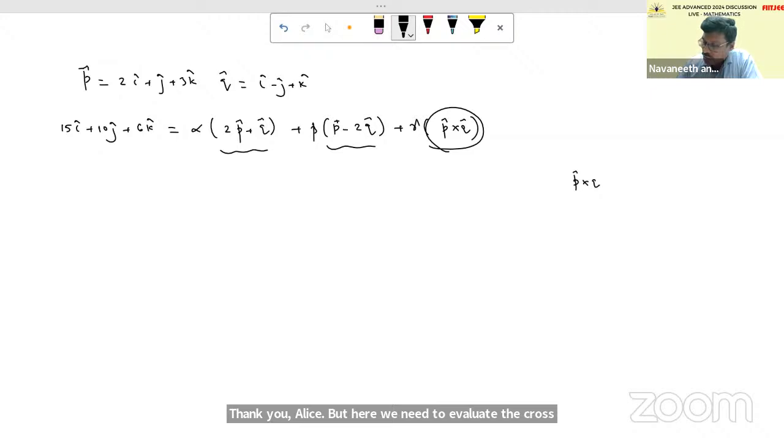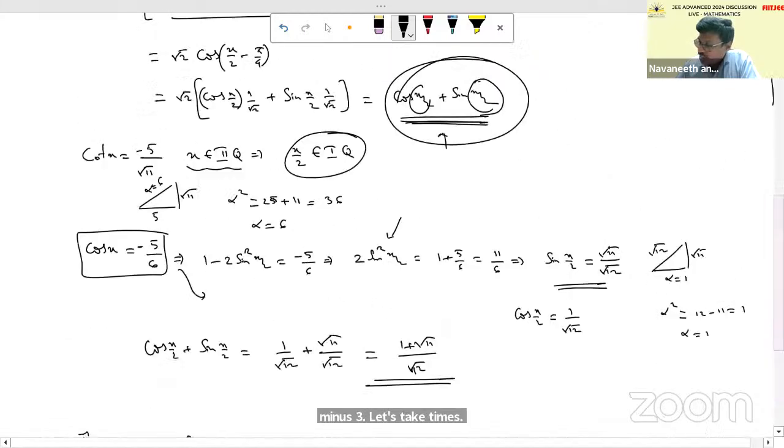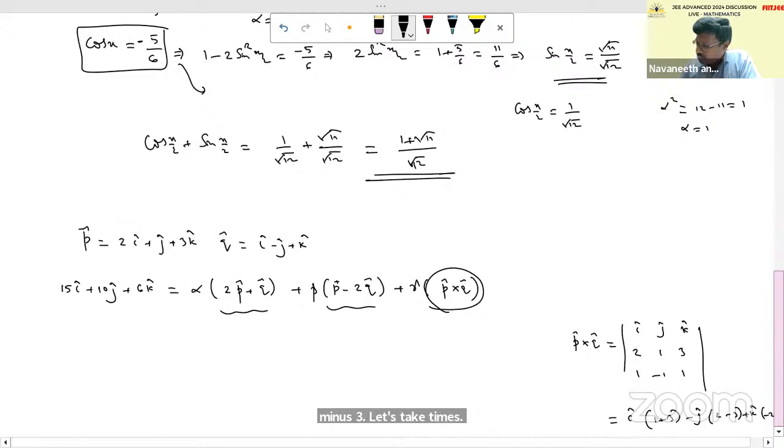P cross Q, if you check, is the determinant of i, j, k, 2, 1, 3, 1, minus 1, 1. It gives you i times (1 plus 3) minus j times (2 minus 3) plus k times (minus 2 minus 1).